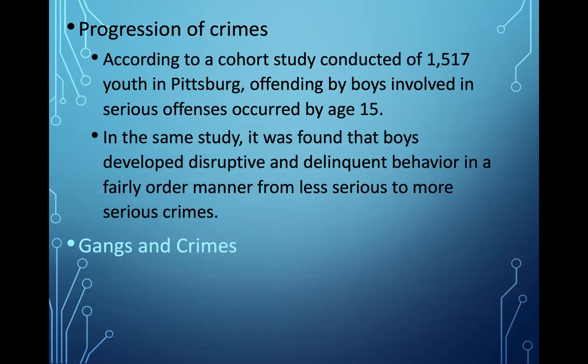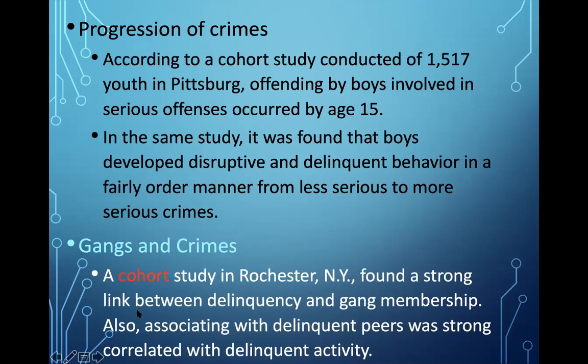So pretty amazing that the progression of crime went up in a fairly ordered manner. And with gangs and crime, a cohort study in Rochester, New York found a strong link between delinquency and gang membership. Also, associating with delinquent peers was strongly correlated with delinquent activity.